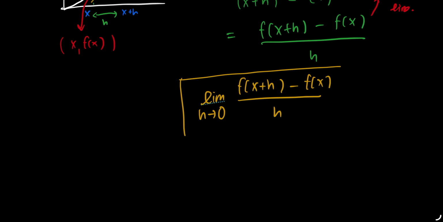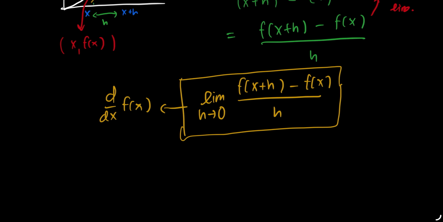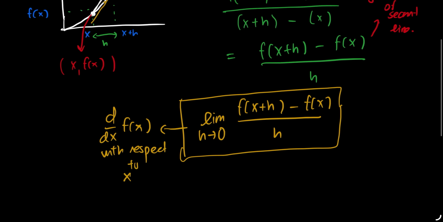This is how the limit definition of the derivative of f(x) with respect to x comes about. So the change in f(x) over the change in x is the limit of h approaching 0 of (f(x plus h) minus f(x)) over h.